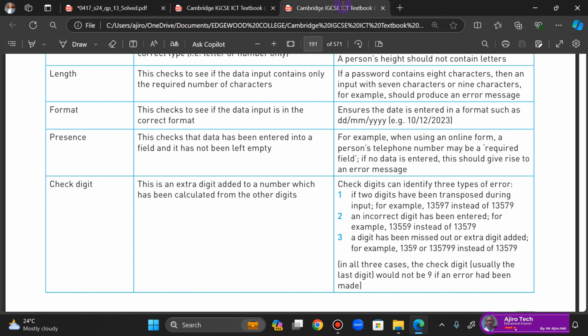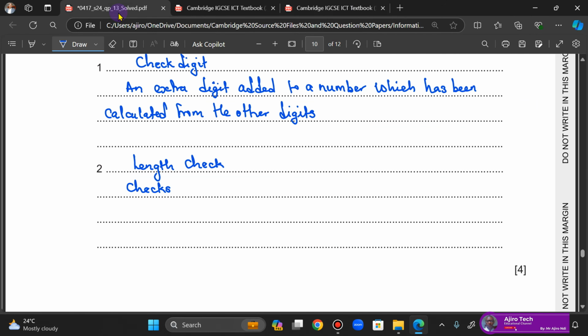This length check checks to see if the data input contains only the required number of characters. It checks that there are only what? 12 characters. 12 digits.